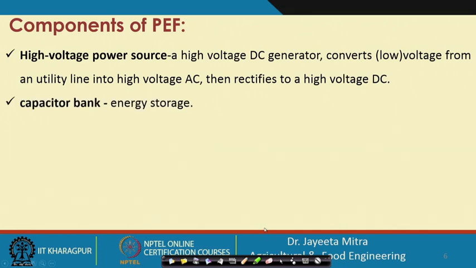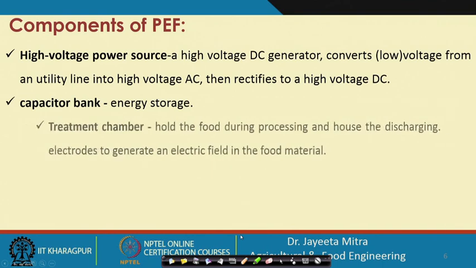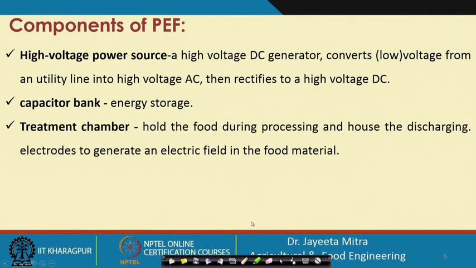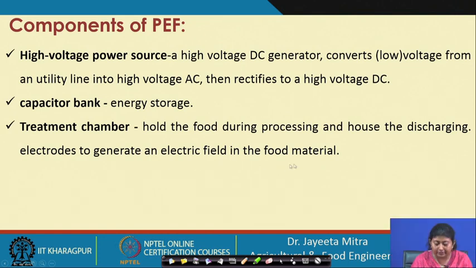There is a capacitor bank that stores the energy, and there is a treatment chamber which holds the food during the processing and houses the discharging electrodes to generate an electric field in the food material.